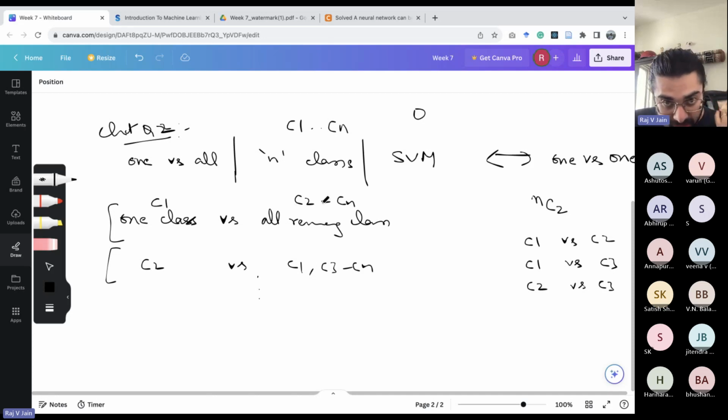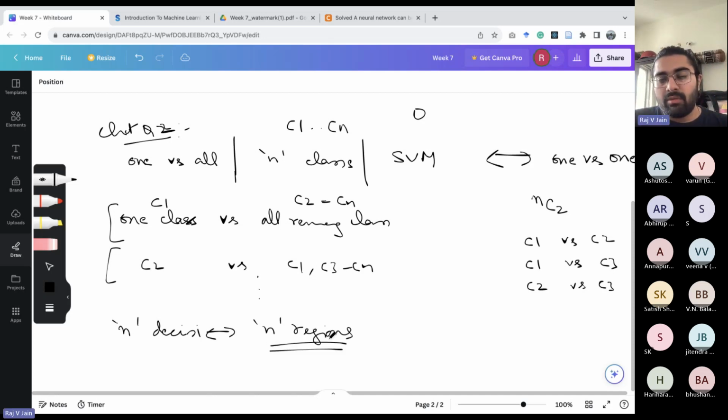So in the case of this setting, one versus all, you have n SVMs being trained, so you'll have n decision boundaries. But each of those decision boundaries is doing only one particular task, that is one class versus the remaining. So those n decision boundaries will classify your whole instance space, your feature space, into n regions.